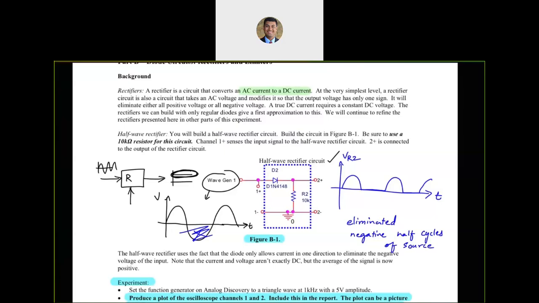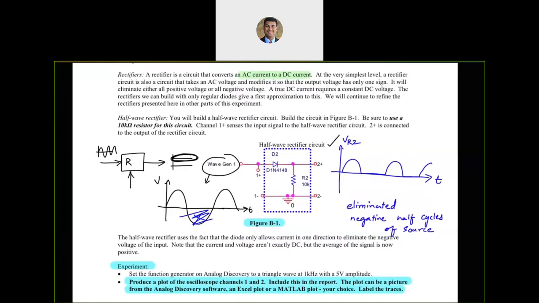So that's a half wave rectifier, but remember, our goal is to get something like a DC, right? Like that. But we are not there yet. We have come to this place. So we have eliminated something going negative, but we have still some work to do. So what we can do is take this output voltage and put it through a capacitor.